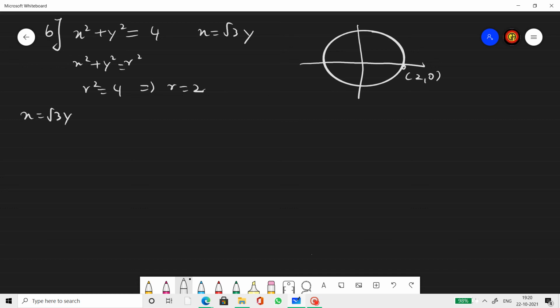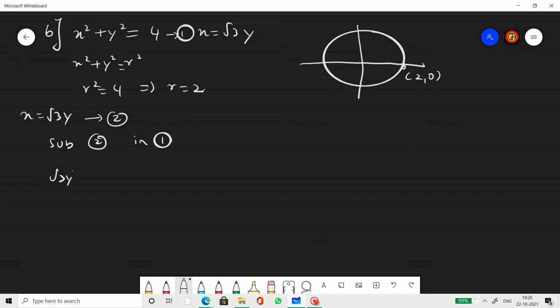Rather than finding arbitrary values for x and y, let us find the point of intersection of the curve with the line. So I'm going to solve the curve equation with the line equation. x is equal to root 3 y, and I'm substituting that in the equation of the circle.